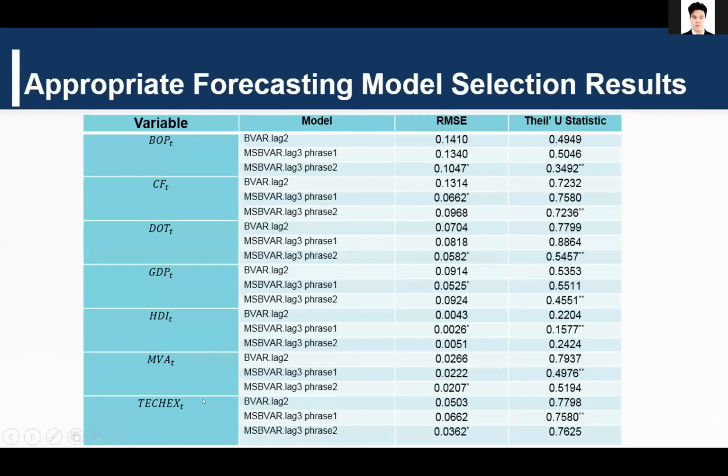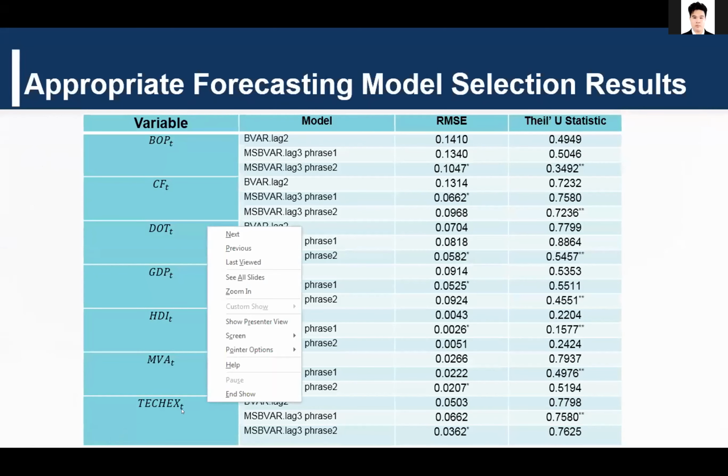Juthathip, can you hear me? If she cannot hear me, I think we skip to the last article, because I have only 20 minutes left. Okay, sorry about that. Okay, next.